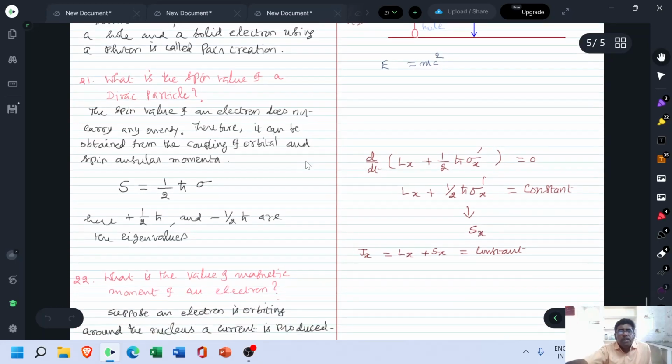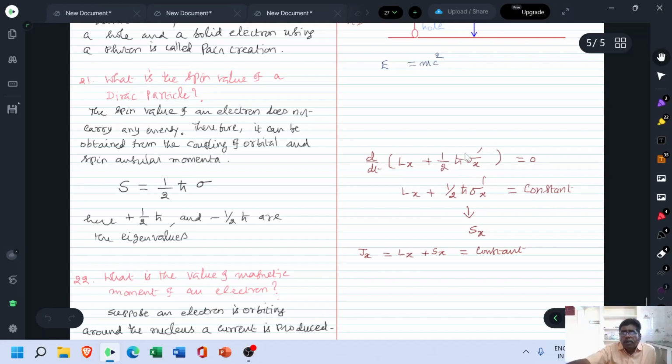What is the spin value of a Dirac particle? The spin value of an electron does not carry any energy, therefore it can be obtained from the coupling of orbital and spin angular momenta. You know that the x component of orbital angular momentum is Lx. The x component of orbital angular momentum does not commute with the Hamiltonian of Dirac.